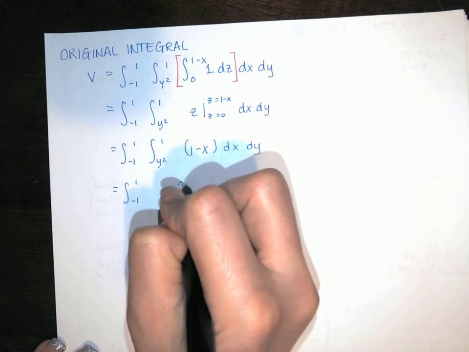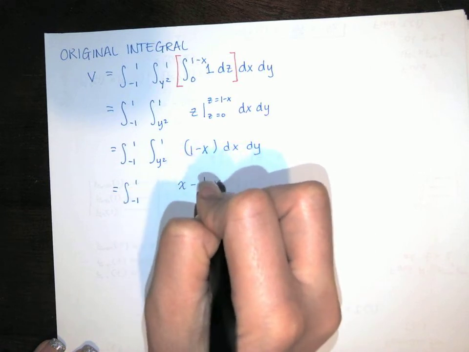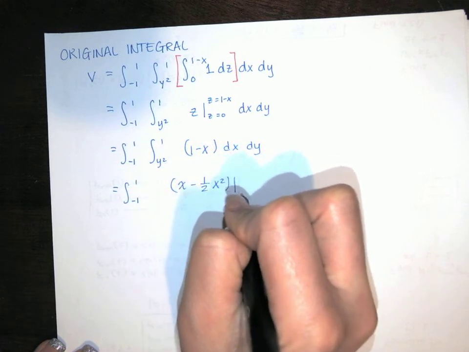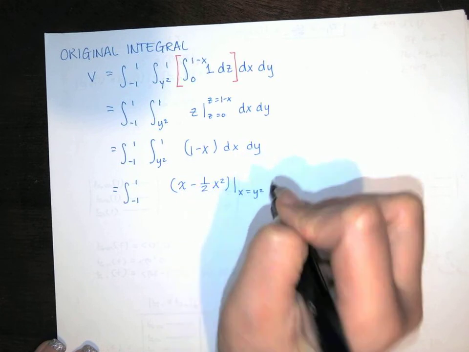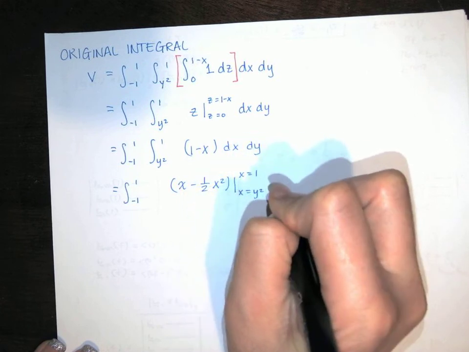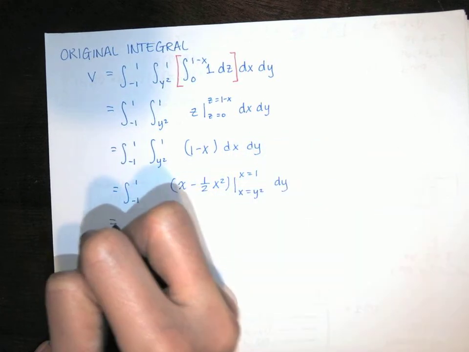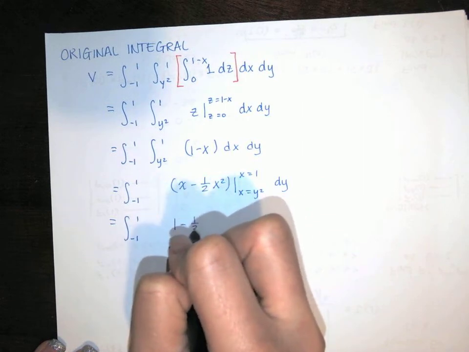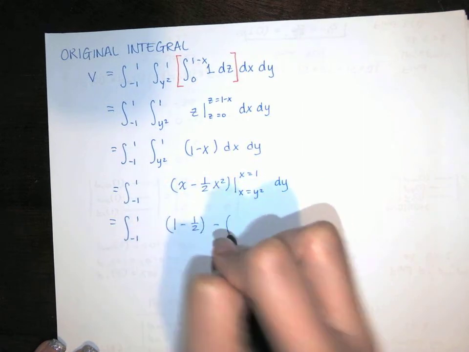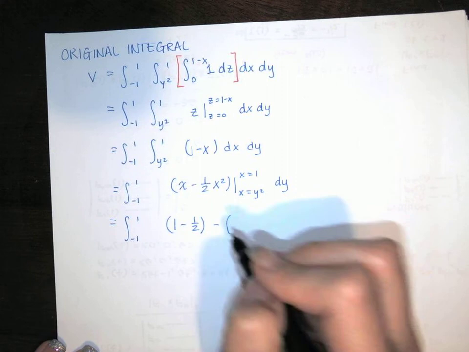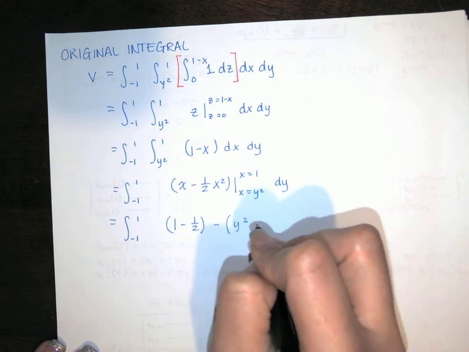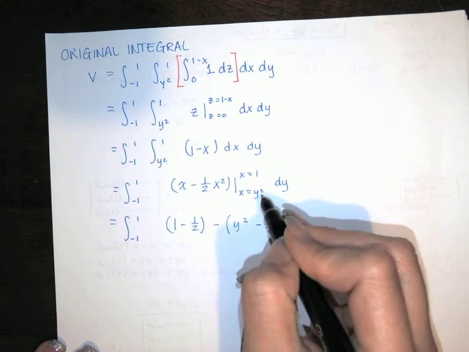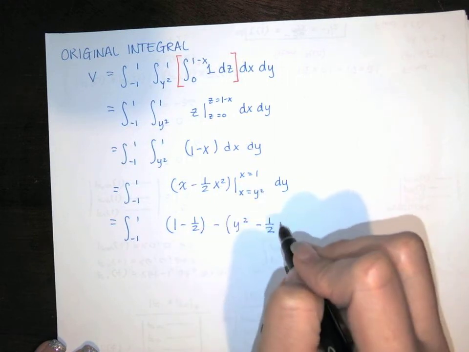So we get x minus 1/2 x squared, just using the power rule, and evaluate from x equals y squared to x equals 1. When you substitute in x equals 1, you just get 1 minus 1/2. When you substitute in x equals y squared, you get y squared minus 1/2 of y squared squared, that's y to the 4th.